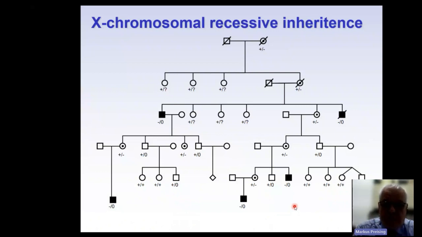So every male has only one information for the choroideremia gene, and if this information is in anyhow changed, hampered, or destroyed, the disease will develop.